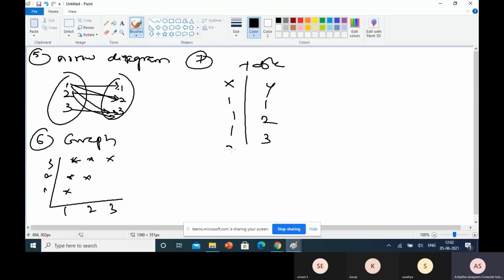Coming to 2, 2 to 2 is there, 2 to 3 is there, and 3 to 3 is there. So this is the table format. So these are the representations for relations.